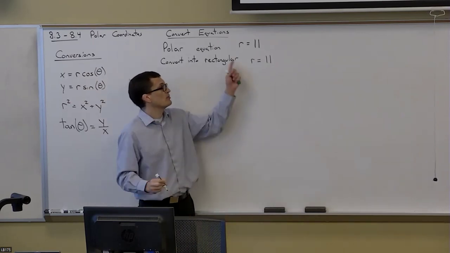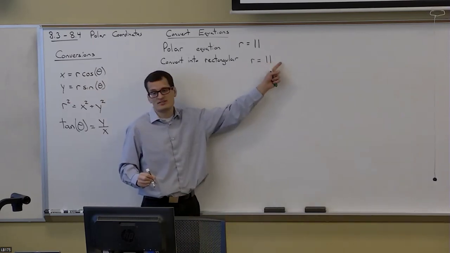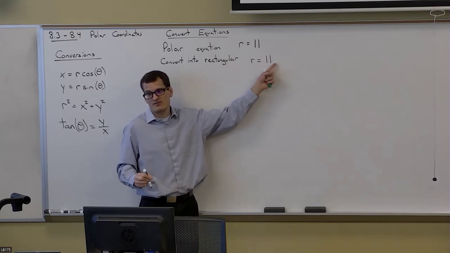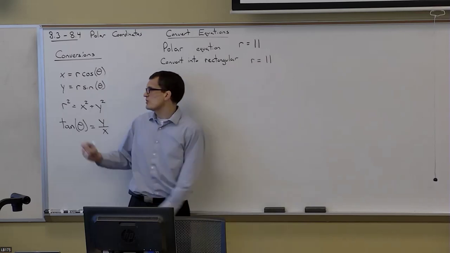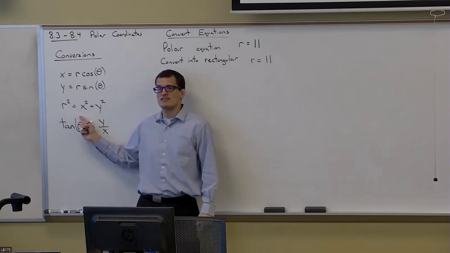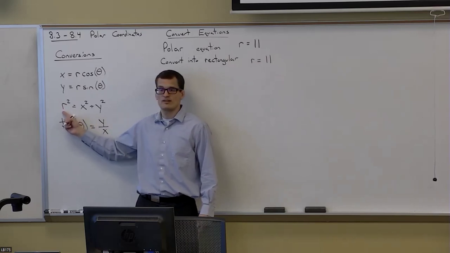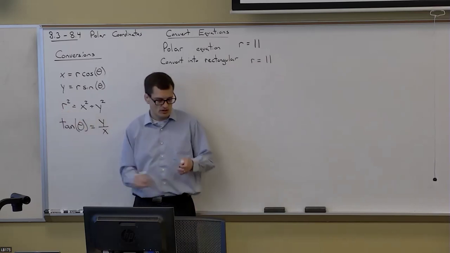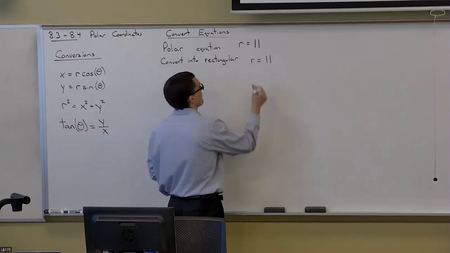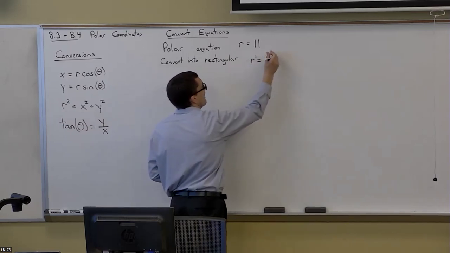If I multiply both sides by cosine, it's going to mess up the right-hand side. If I multiply both sides by sine, it's going to mess up the right-hand side. So in this case, it's best to try to get an r squared. So I'm going to square both sides.